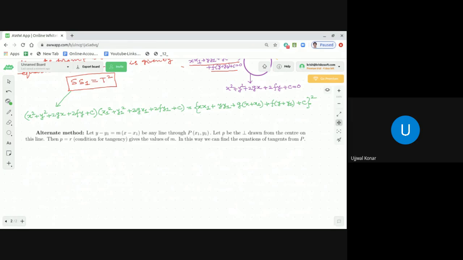So let y minus y1 equal to m into x minus x1 be any line from P. That means, if I give a visual representation, it will be something like this.